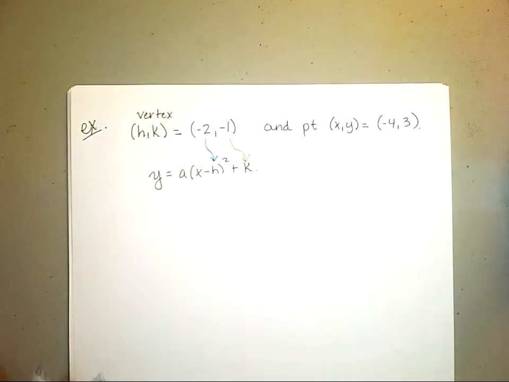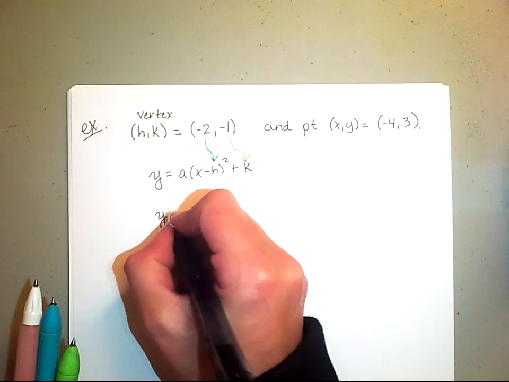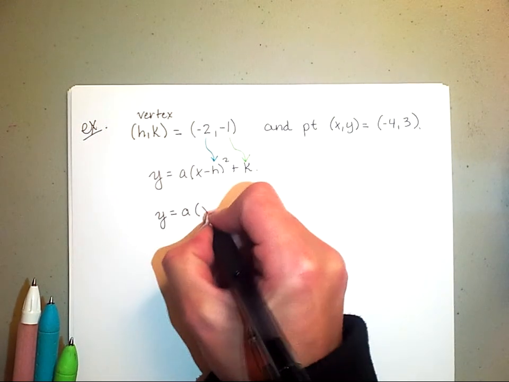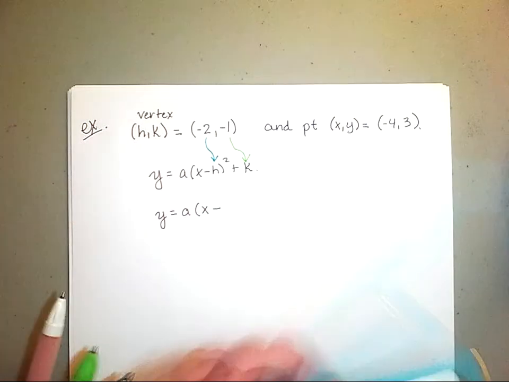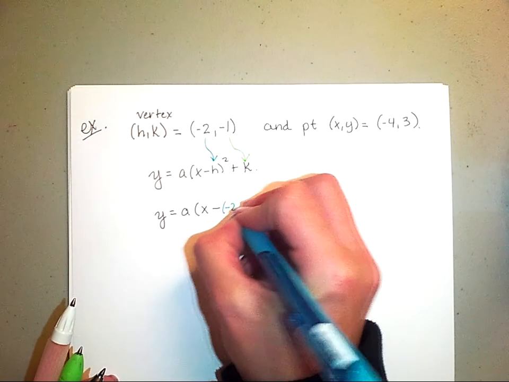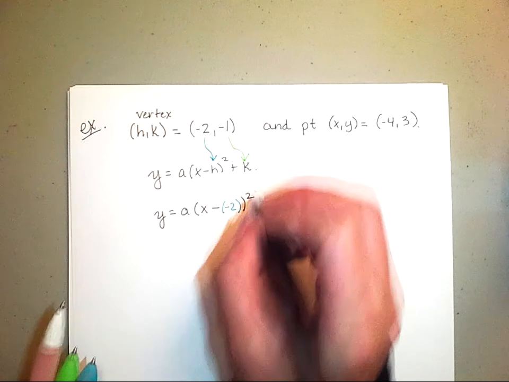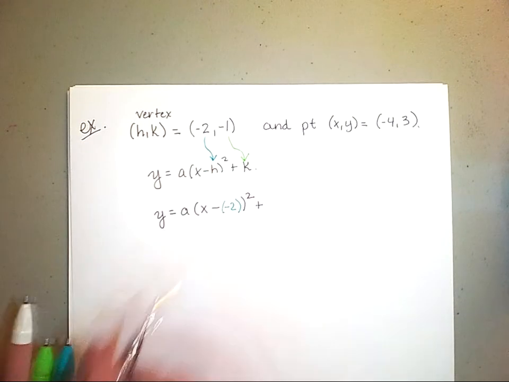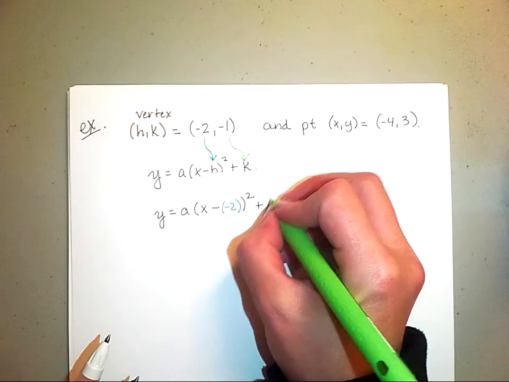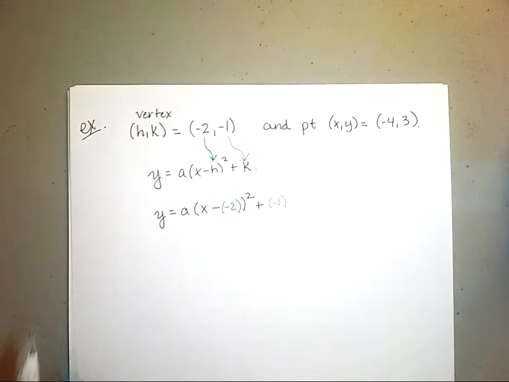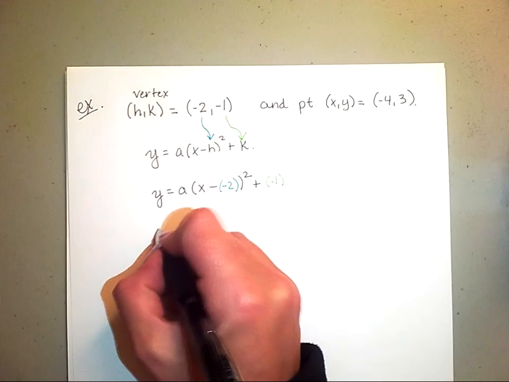Let's start with that. So y is equal to a times x minus from the formula, and then -2 for h. That'll get squared. And then we add from the formula, and k is negative 1. So not too different from last time.